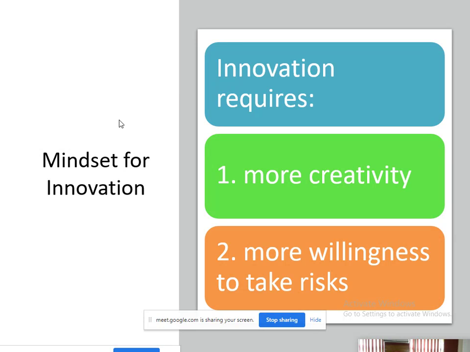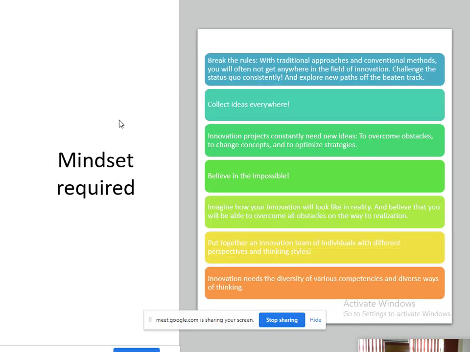We should have the willingness to take risk. If you want to start something from today or tomorrow, we must have that willingness to take the risk so that we can survive. These are basically the innovation methodology, and this mindset should be there for everyone.